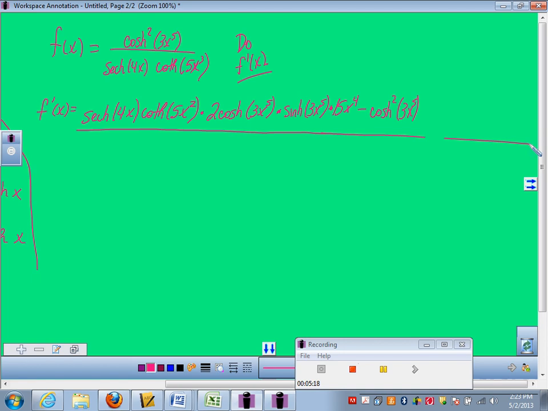So, do you need me to backtrack or not? Low on the top. So, here was low d high, minus high, and now we're ready to do d low. So d low is going to be, yes, a product rule.